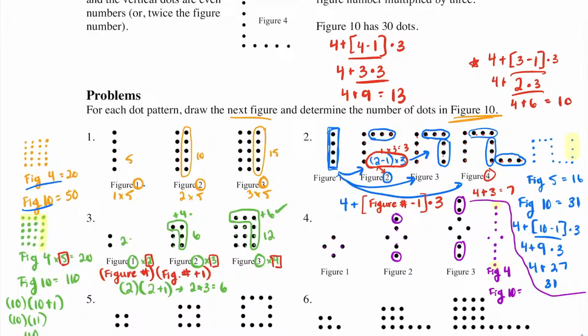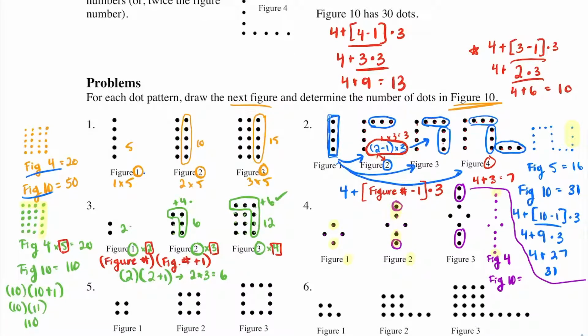One thing that I'm noticing is that the number of dots on the top and the bottom, take figure 1 for example, matches the figure number. So for figure 2, look, I have 2 on top, 2 on the bottom. That's my figure number. So for figure 10, I know I'm going to have 10 dots on the top, 10 dots on the bottom, following this pattern here.